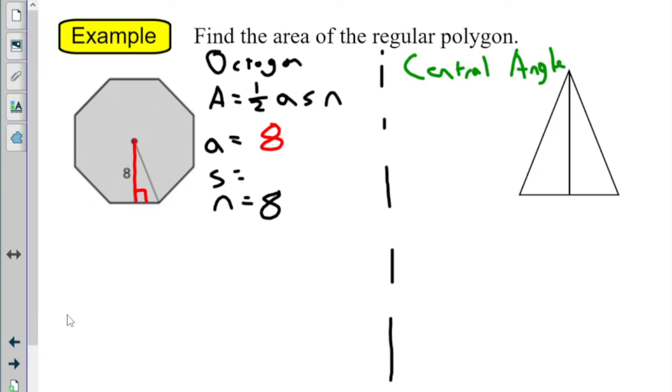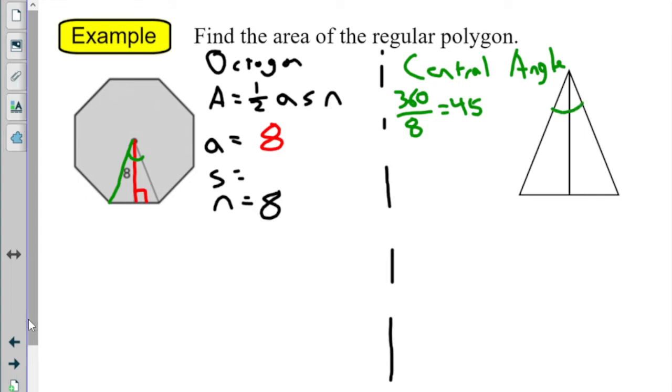To get my central angle, I'm going to take 360, which is all the way around, and divide it by our number of sides, which is 8. So we have 360 divided by our number of sides, 8. That will give us 45. Now here's the catch. There's a catch here, but this catch stays the same every time, which is that 45 will give me this angle right here.